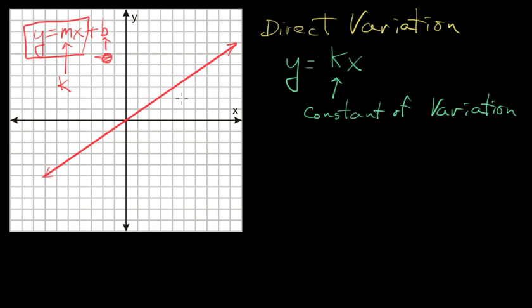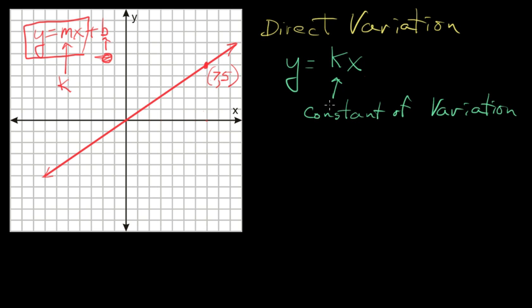So how do we find the constant of variation? Let's find a point right here. That's a point at 1, 2, 3, 4, 5, 6, 7 on the x-axis, and 1, 2, 3, 4, 5 on the y-axis. So I've got an ordered pair, 7 and 5.